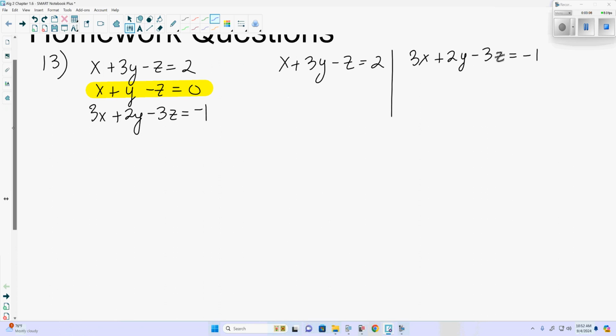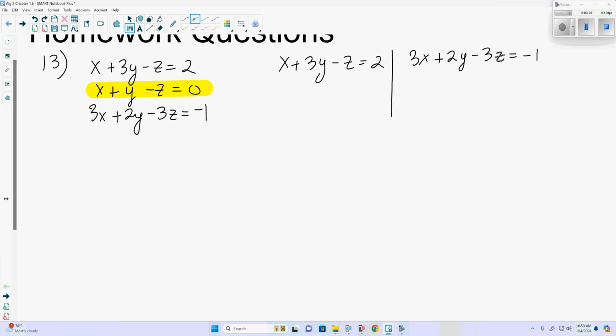Since x and z both have the same sign, we would multiply by 3. It would cancel out x and z again and give us y by itself. Then we'd have to go back through and try to get x or z's value. So I'm going to get rid of y.